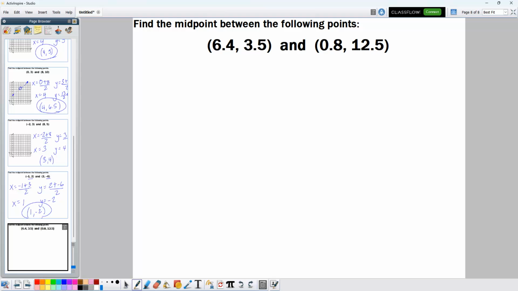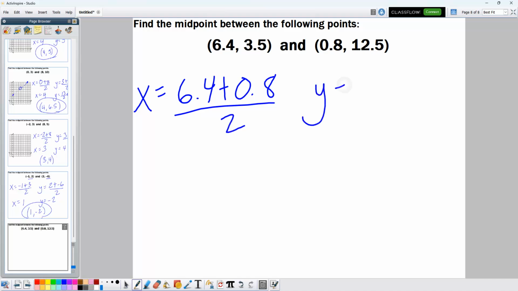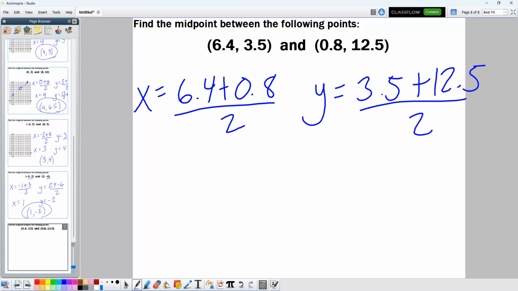And I think this is the last one we're going to do. I've got, oh Lord, look at all those decimals. I got x equals 6.4 plus 0.8 over 2. And this would be 3.5 plus 12.5 over 2. I definitely want to use my calculator right here. I'm going to punch that in.